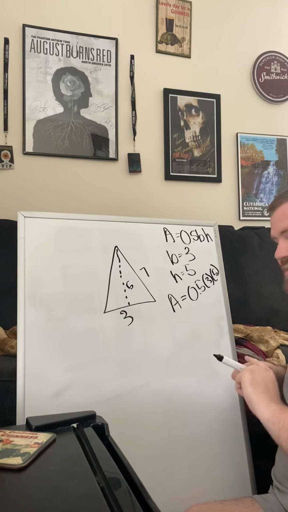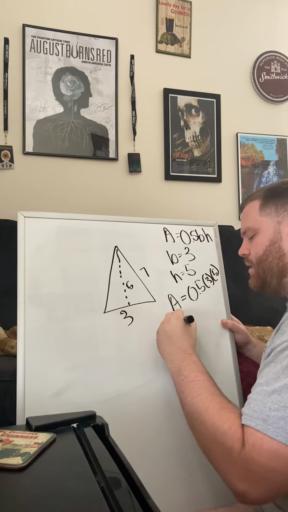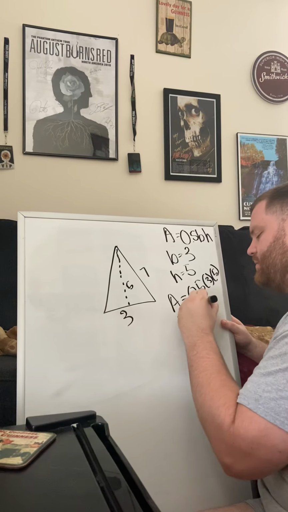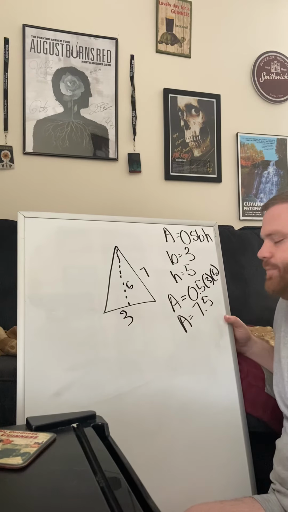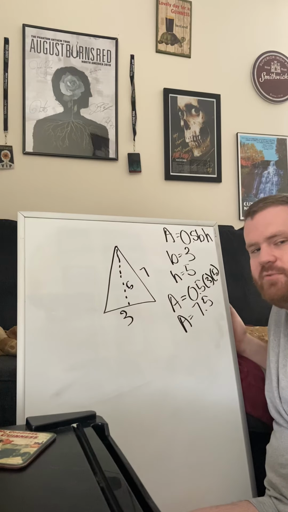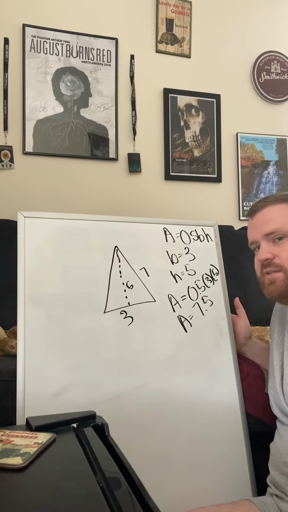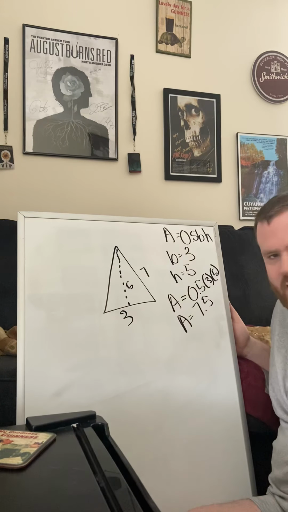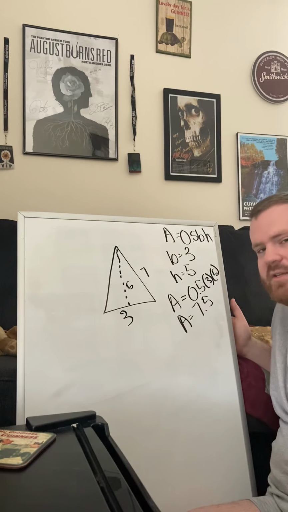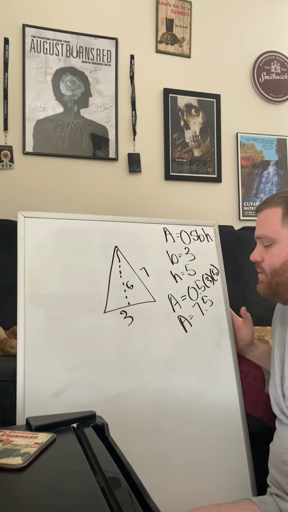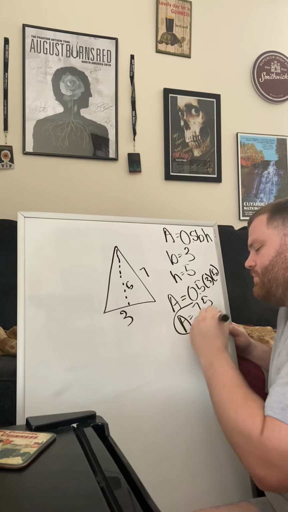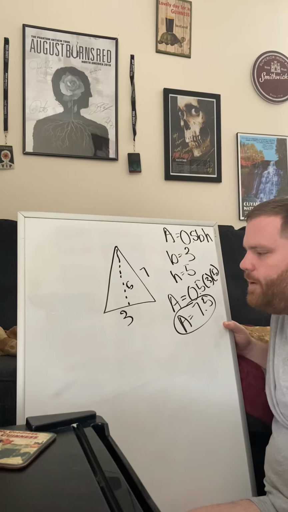And that gives me 7.5. I'm happy that's the answer we got, because 7.5 is a decimal. Don't be afraid of decimals. If you get a decimal as an answer, a lot of people will have this preconceived notion that it's wrong. It's not wrong. If that's what the calculator says, that is going to be your answer, okay? Stick with it. 7.5. Okay?